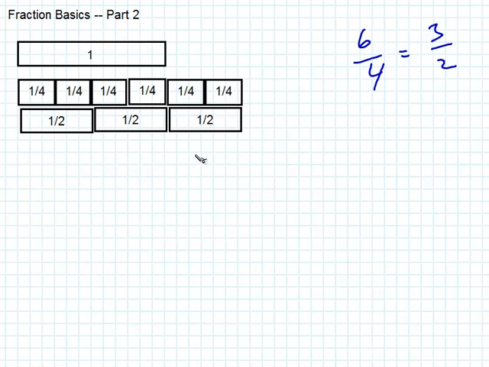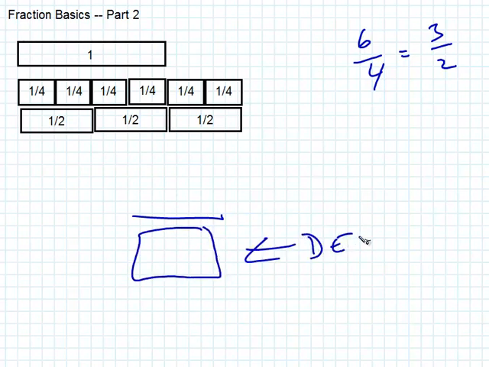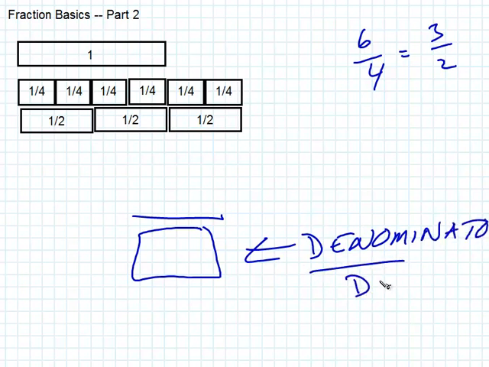So the point of this exercise really is to get used to the idea, if you have a fraction, you can have pieces of any size, and this tells you the size of the piece. It's the denominator. If you abbreviate it, just say denom, period. Okay, denominator.